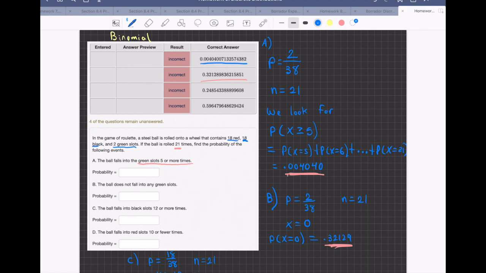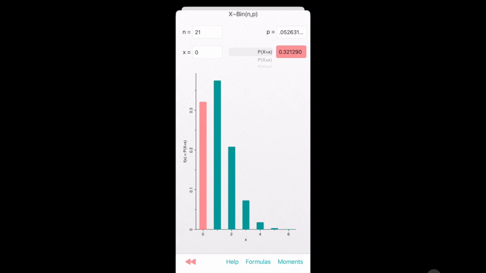And we look for the probability of x greater or equal than 12. So this is going to be n equal to 21.